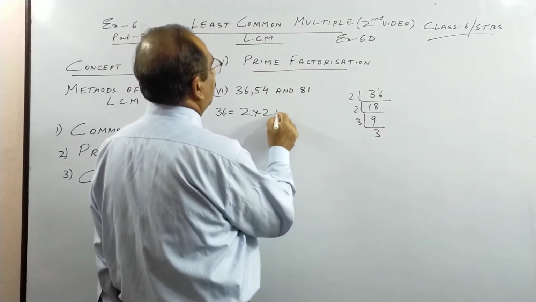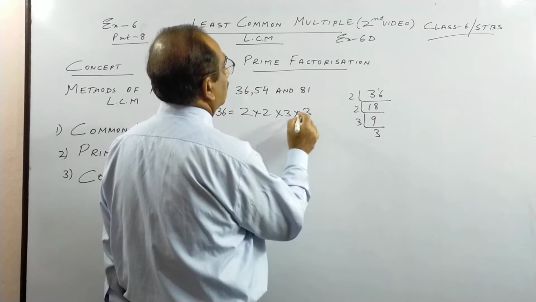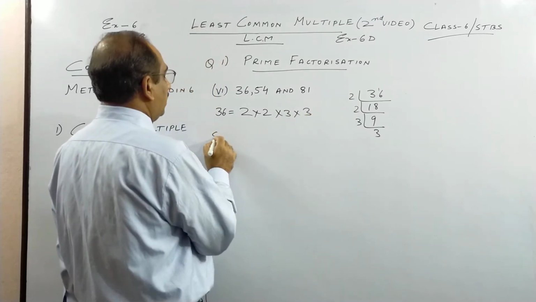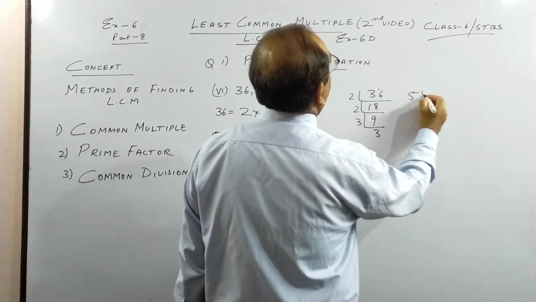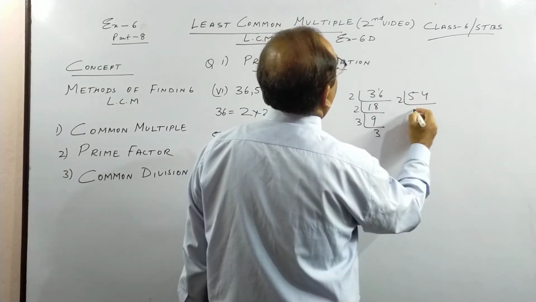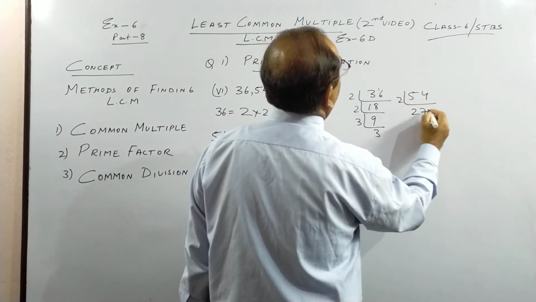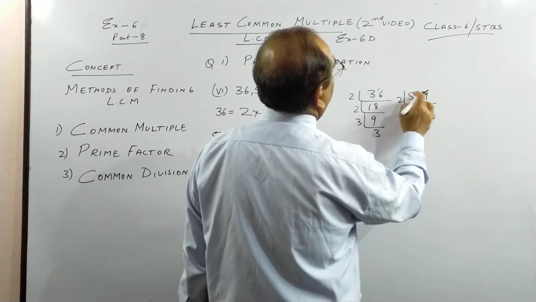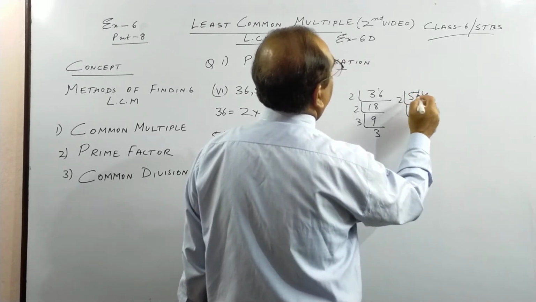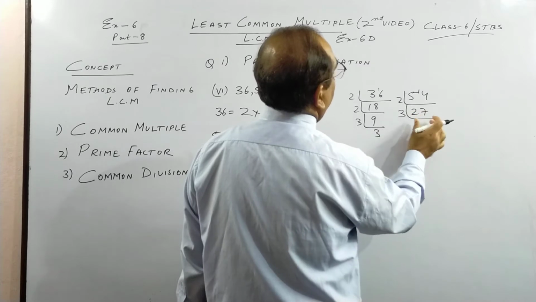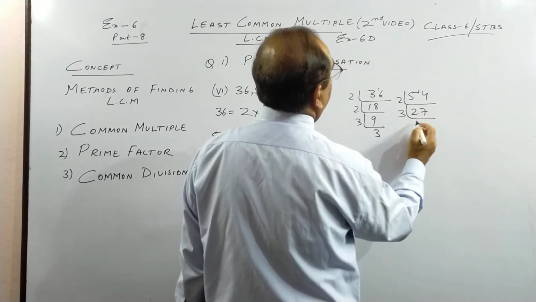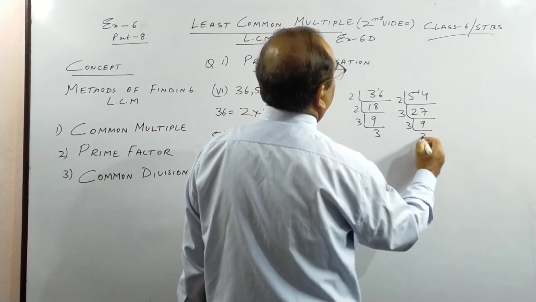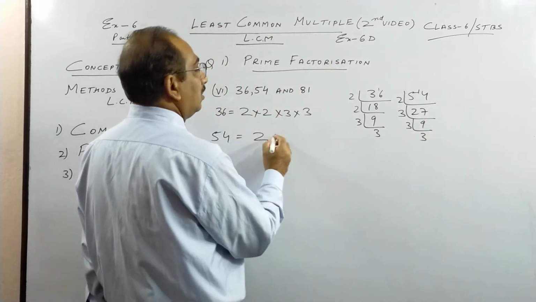So 2 2s are 4, 3s are 12, 3s are 36. Next we have 54. 54 again is an even number. We try with 2. We get 2 2s are 4, 1 remains, 14, 2 7s are 14. Now this is an odd number, but this will go by 3 because 2 plus 7 is 9. 9 goes in the table of 3.